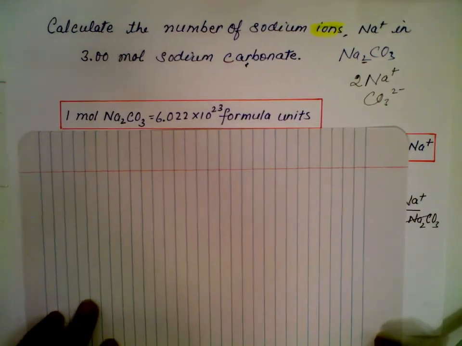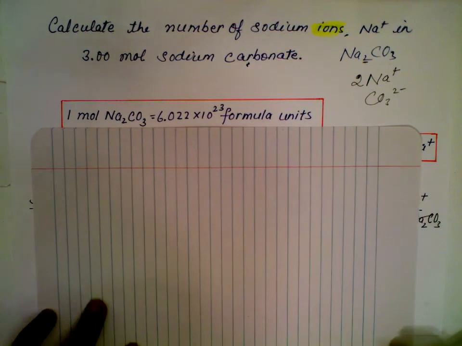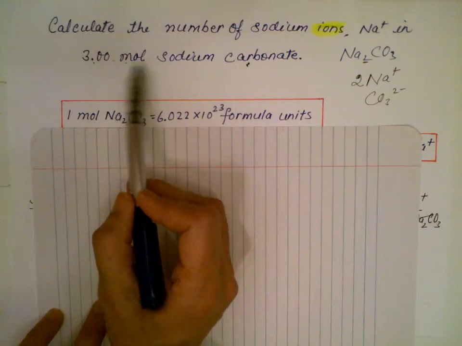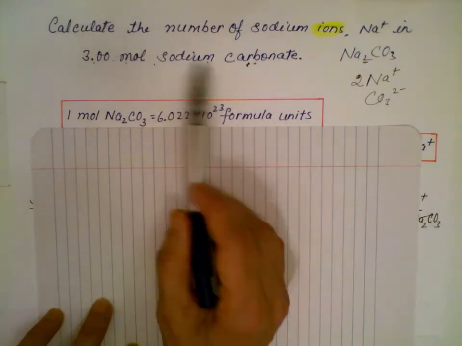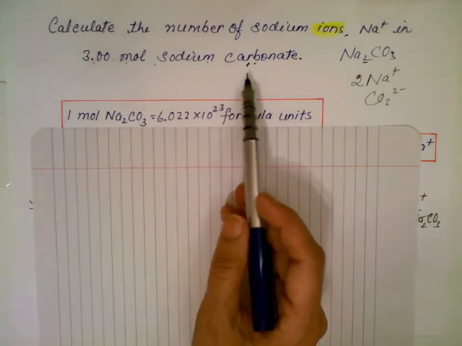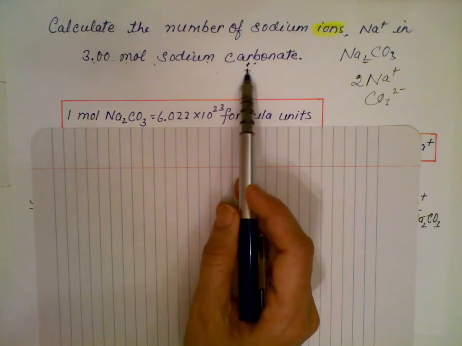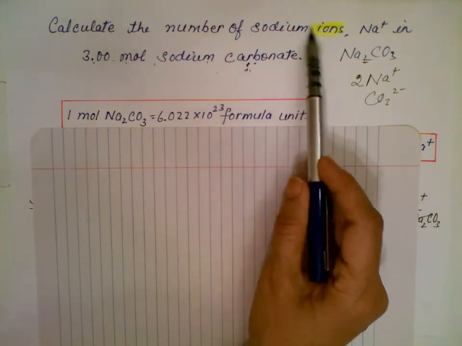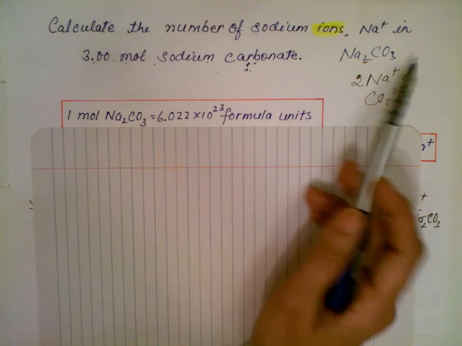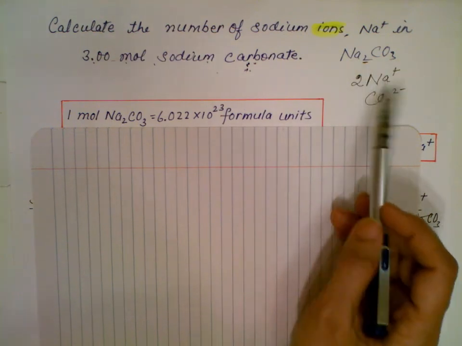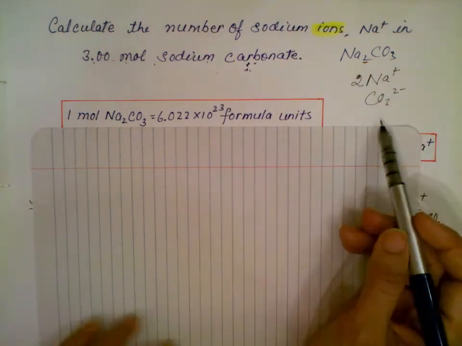Okay, and then you start your problem with the given. And what is your given here? This one, 3 moles of sodium carbonate. Now in these problems, guys, it's very important to know the correct formula, because they are talking about ions or atoms, and we need to know the correct number, otherwise this will not be the correct ratio.